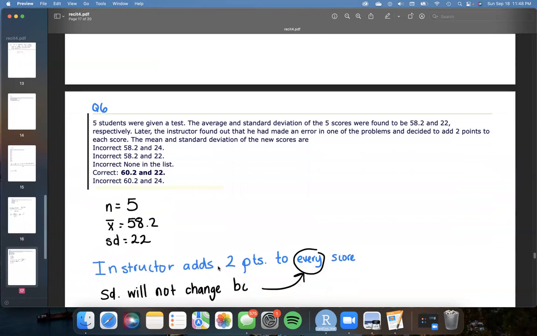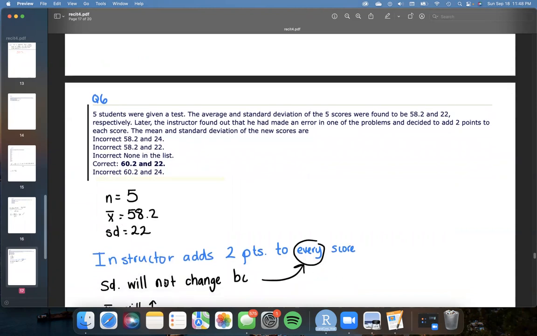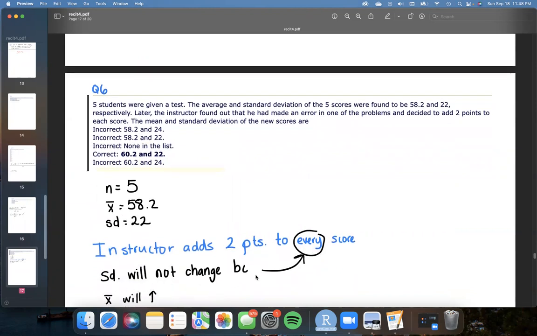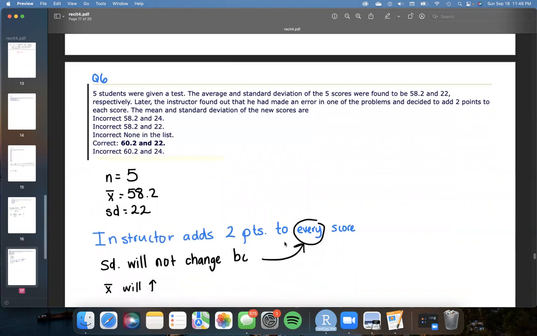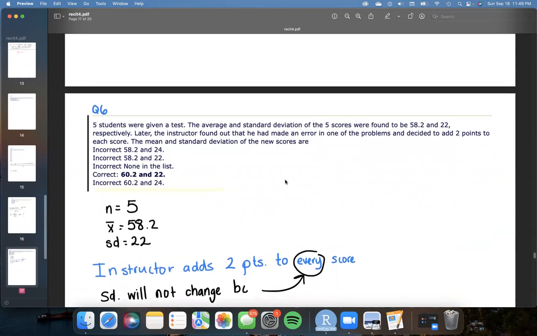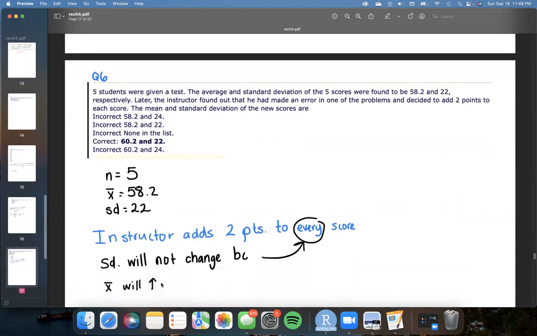So if the instructor adds 2 points to every score, notice that every is the key word here, the standard deviation will not change, because if 2 is added to every score, the spread in the data won't change. However, the average will change.